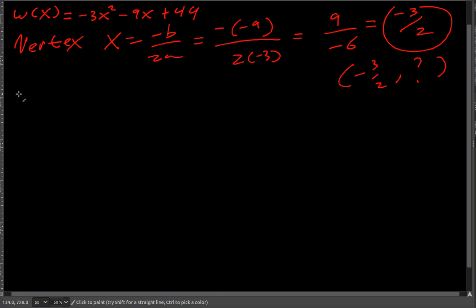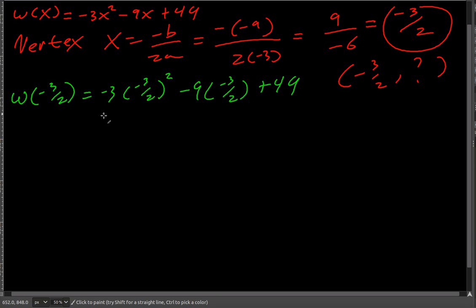So what's the y value? Well, I have to plug it in. So I'm plugging that in. All right, let's do the arithmetic. Negative 3 times 9 fourths, minus 9 times negative 3 halves. Oh, I already disagree with myself. That's going to be plus 27 halves plus 49.